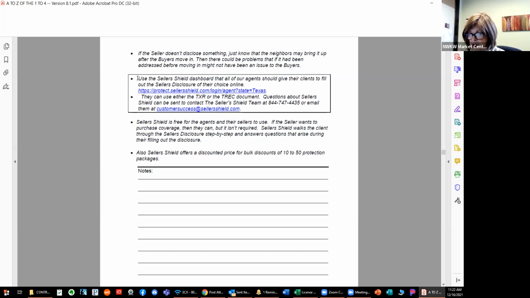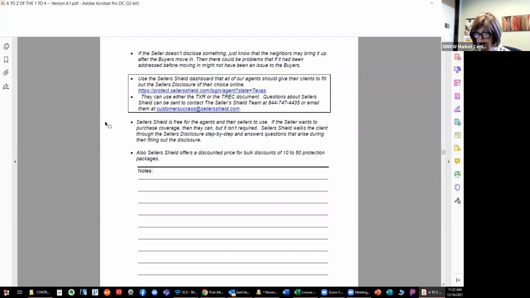We use here in the Northwest Market Center, and I think they do in the Southwest also, the Seller Shield dashboard that our agents are attached to whenever they come on board here. That's where they can invite their sellers to fill out their seller's disclosure online.